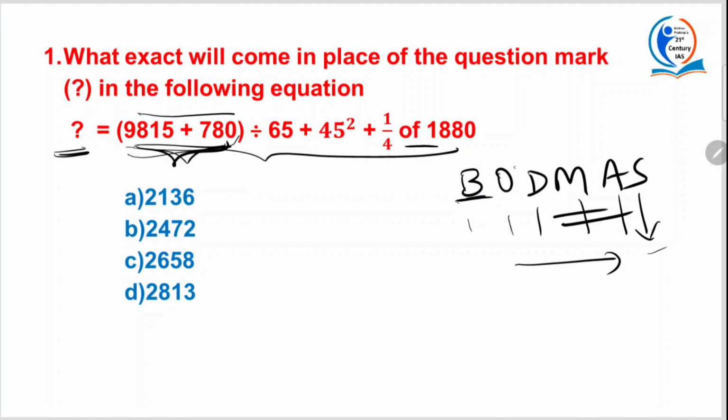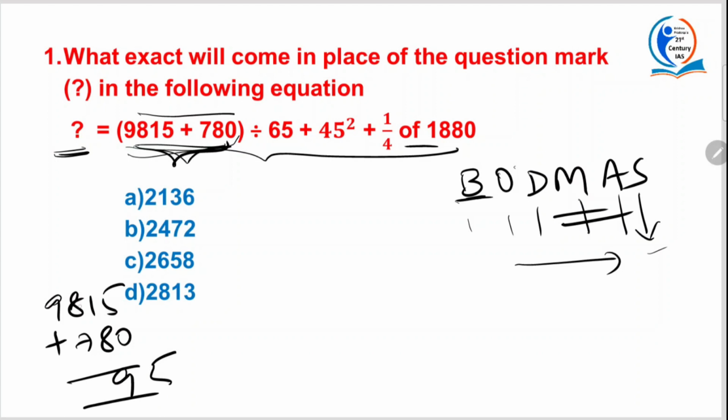Next, of. Okay. So 9815 plus 780. How much is it? 5, 9, 8 plus 7 is 15. So 10595.